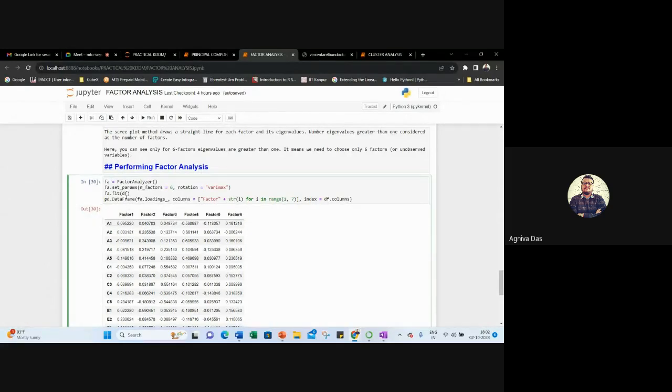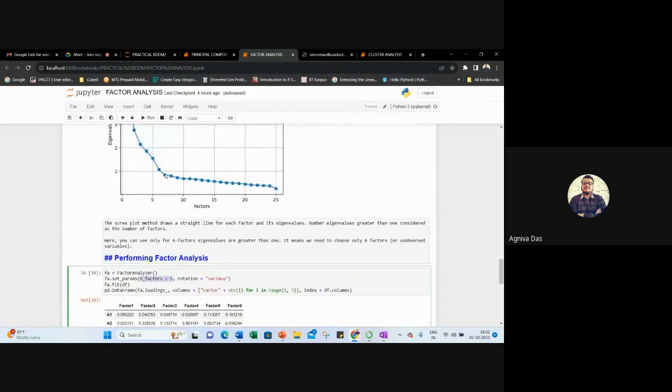and here, as you can see, we have prepared a data frame based on this. FA is the factor analyzer that we have set the parameters for here. Earlier we did not have any rotation, but now we have taken the rotation to be varimax, and we have taken the number of factors as 6. Why?